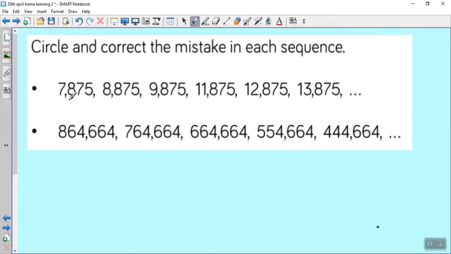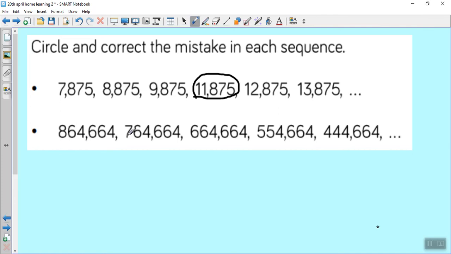I've got 7875, 8875, 9875, 11875, 12875, 13875. 7, 8, 9, 11. 7,000s, 8,000s, 9,000s, 11,000s. So that should actually be 10,875.